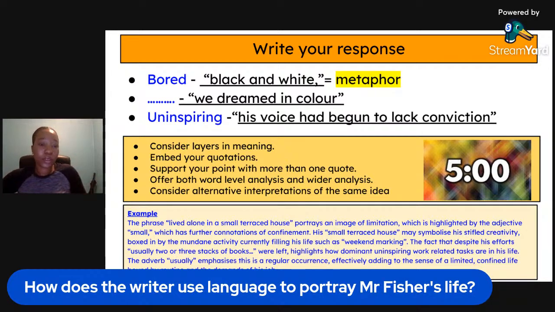Okay, those of you joining, we're answering the question, how does the writer use language to portray Mr. Fisher's life using the points that are on the screen?